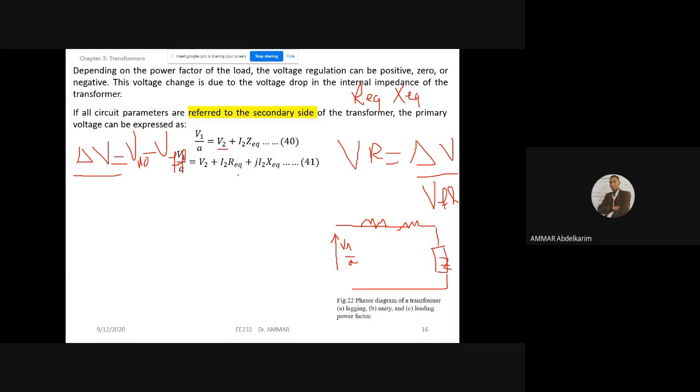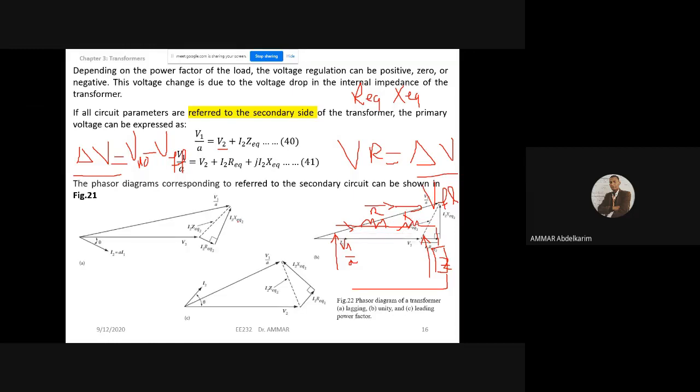So V2 is the voltage across the load, and I2 times Z equivalent is the voltage across this impedance, R and X. Of course, the phasor diagram can be shown as you see here according to this equivalent circuit.